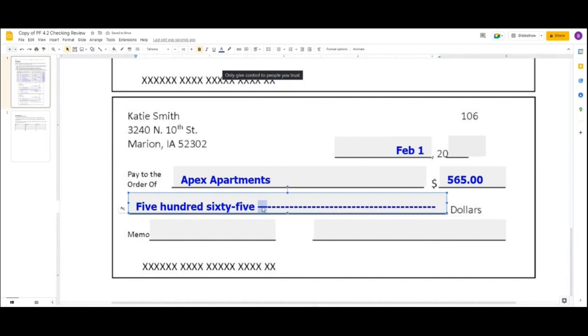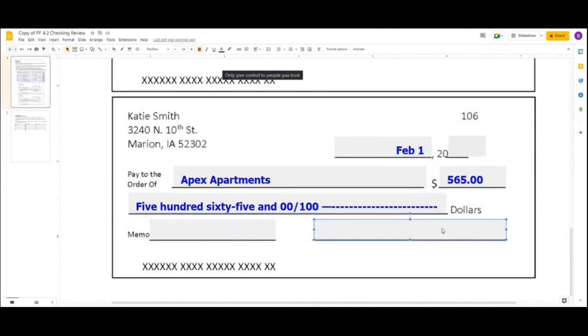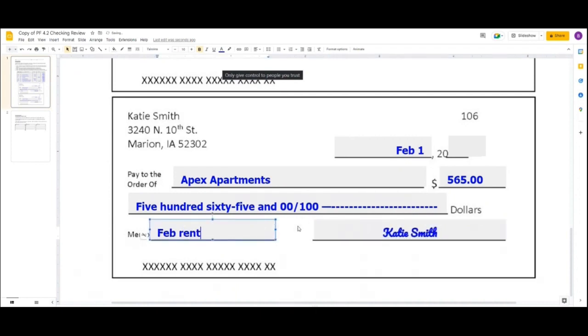Okay, I could also do and 0 hundredths if I wanted to do that as well. Okay, either way would work. And Katie Smith signs it. The February rent. All right.